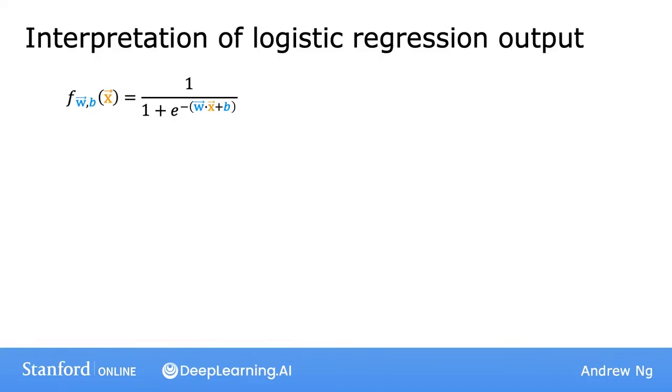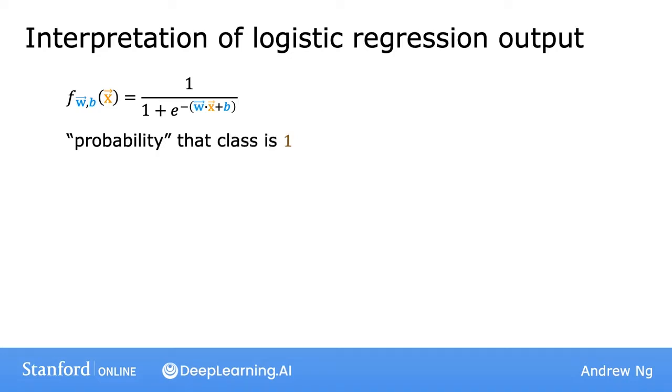Next, let's take a look at how to interpret the output of logistic regression. We'll return to the tumor classification example. The way I'd encourage you to think of logistic regression's output is to think of it as outputting the probability that the class or the label y will be equal to 1 given a certain input x.